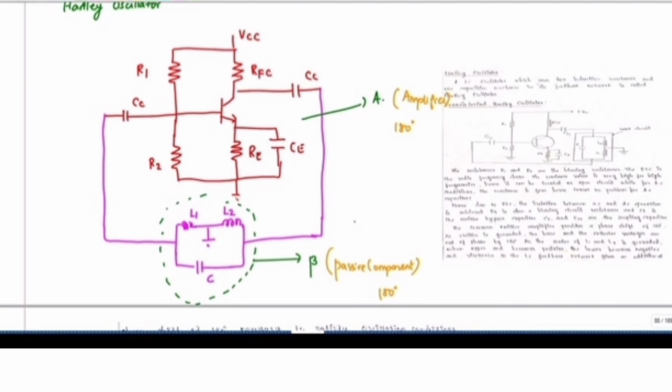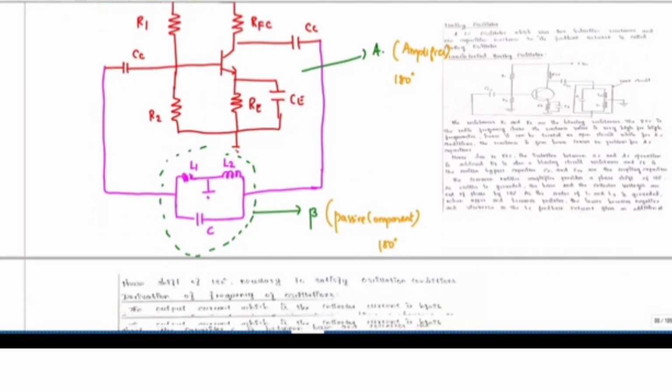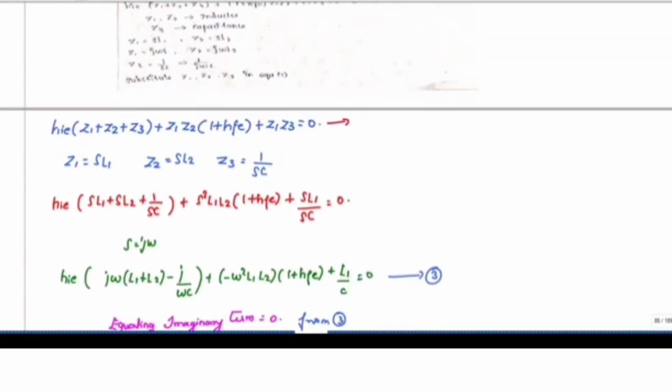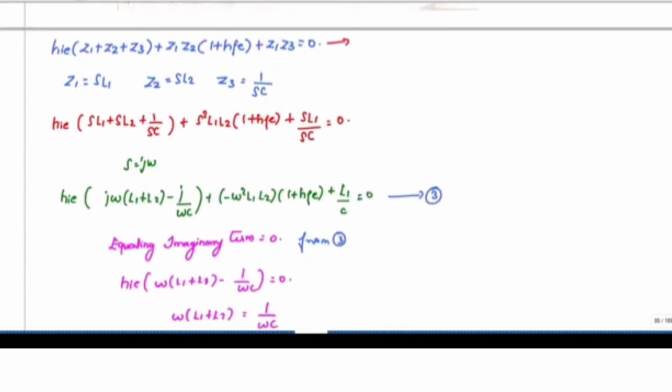Let us see the derivation. The circuit shown in red is a common emitter amplifier, and beta represents the passive circuit, that is the tank circuit. A has to produce a 180-degree phase shift and beta has to produce another 180 degrees, so totally it produces a 360-degree phase shift.